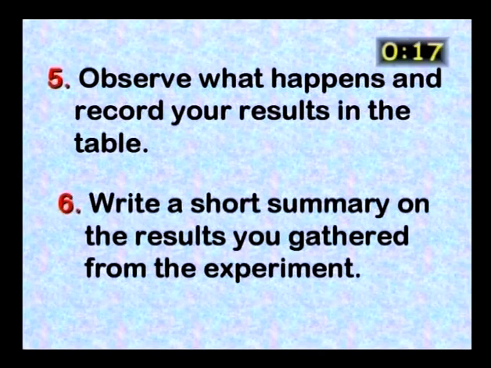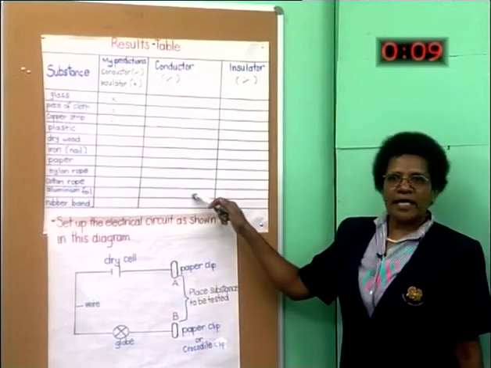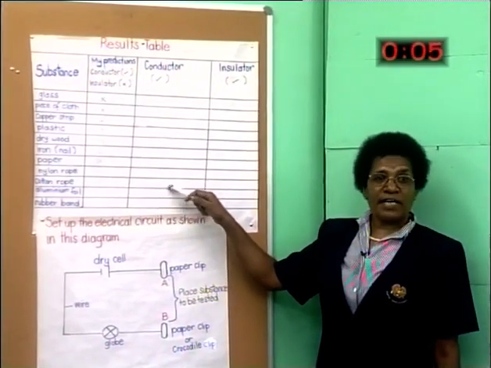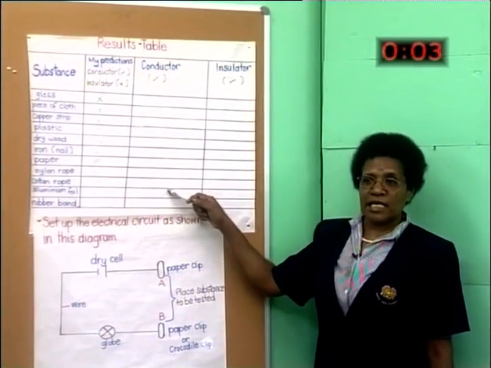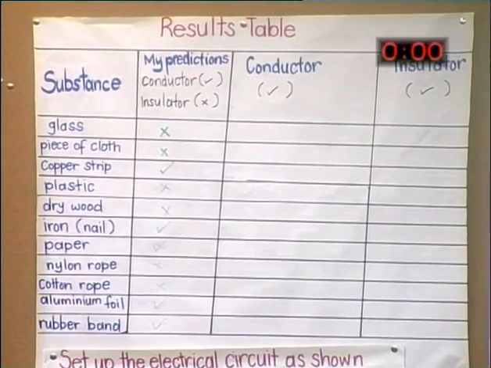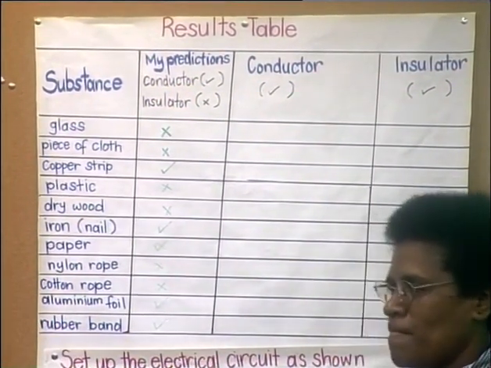These are our predictions. Now we are trying to confirm whether our predictions are correct. After you have done the experiment and tested all those substances, let's have you give our answer.